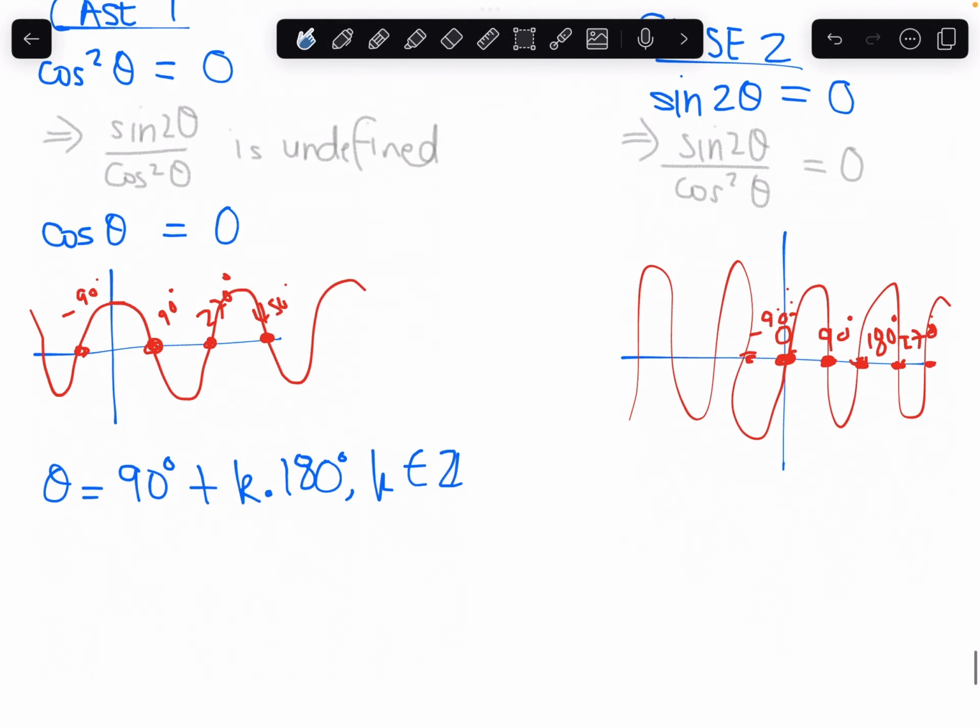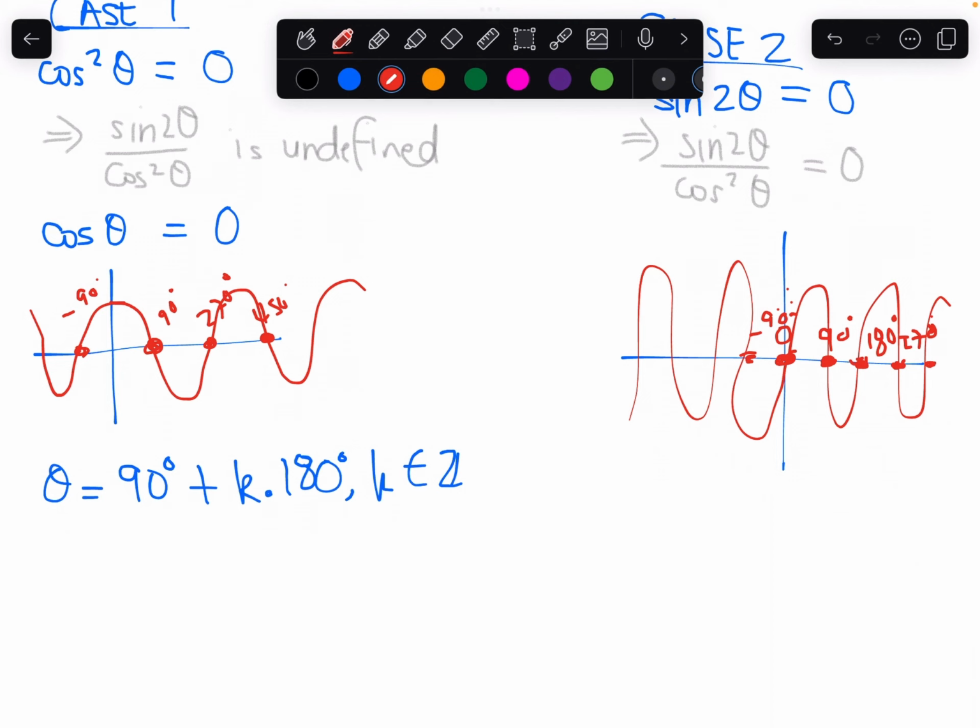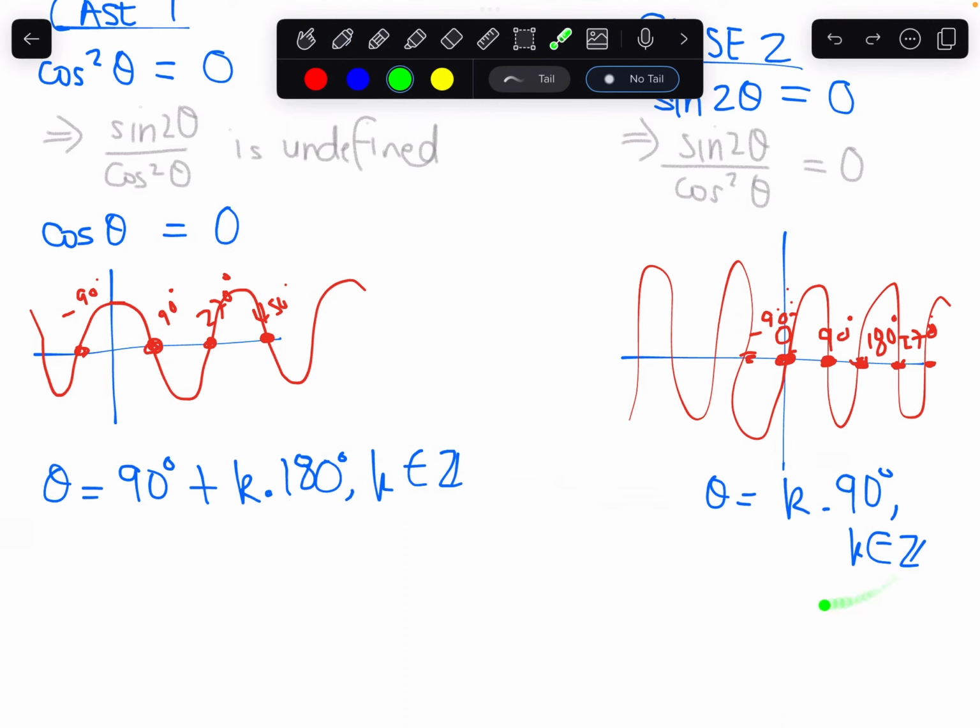So what is the expression that encapsulates all of this? This is simply all the multiples of 90, right? So this is 90k. Okay, 90, let's be consistent. Right, so now we want to combine these two. And we can see that actually this one is a superset of these solutions, right?